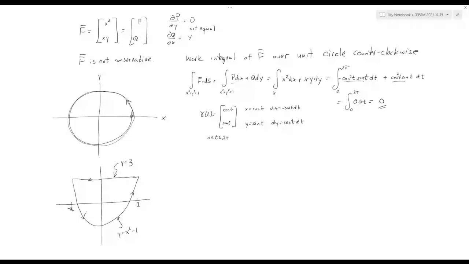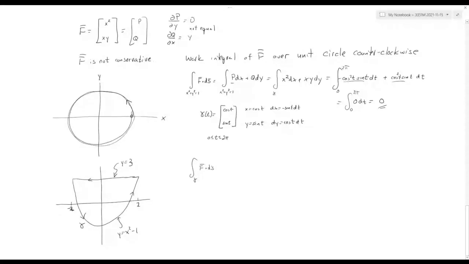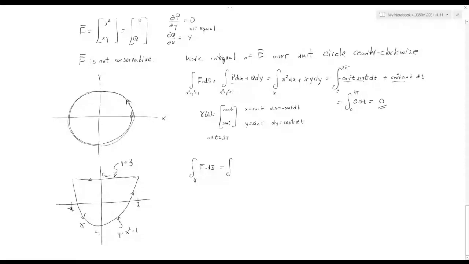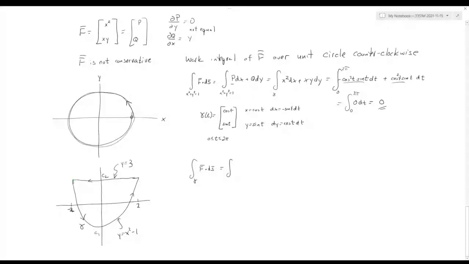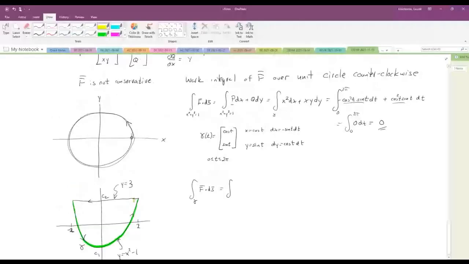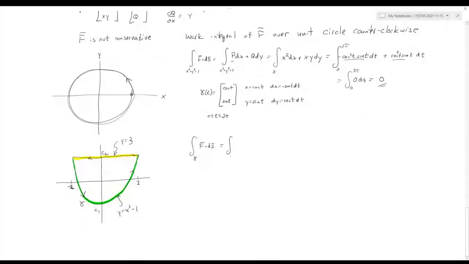So the integral over gamma, the work integral, you'd have to break this up into two parts, right? Let's say C1 and C2. It's a piecewise boundary. C1 is going to be this piece of the boundary, and C2 is going to be this part of the boundary. So you'd have to integrate over C1 first.